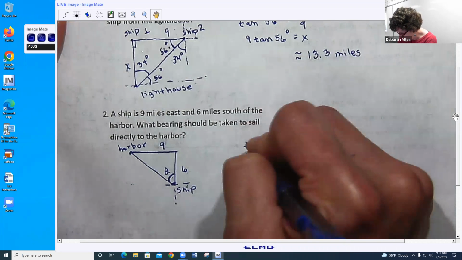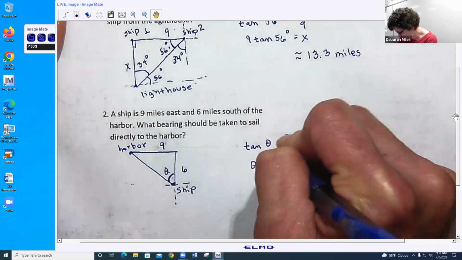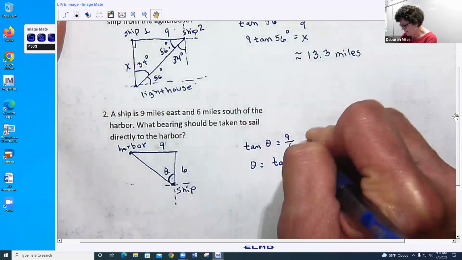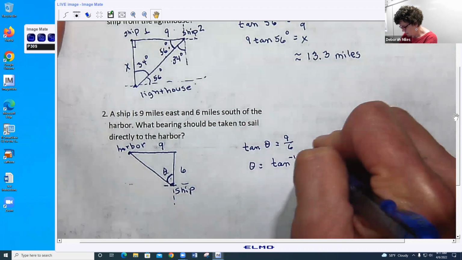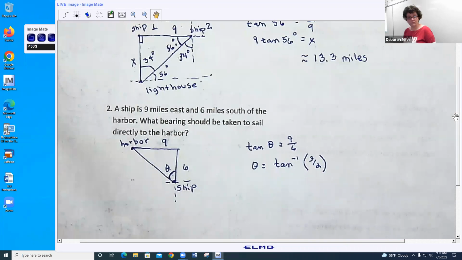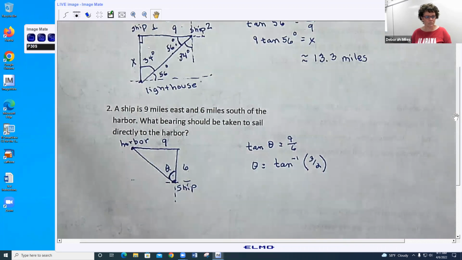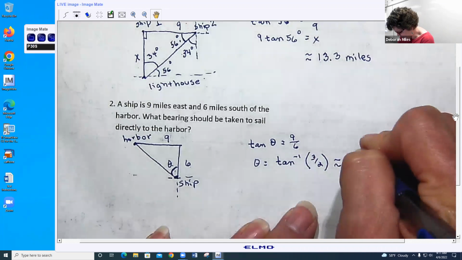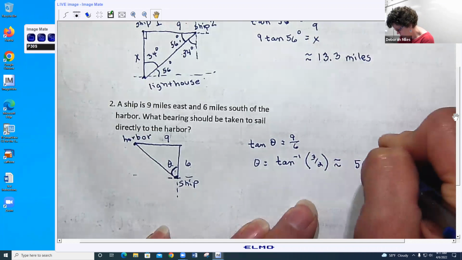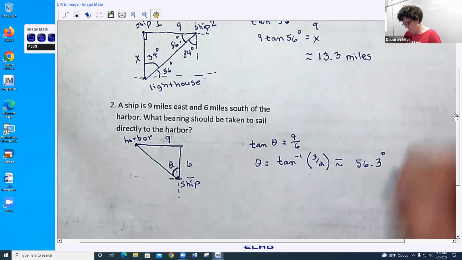And theta would be inverse tangent of 9/6, or because I'm a math teacher, I reduced it. Inverse tangent of 3/2 is 56.3 degrees.